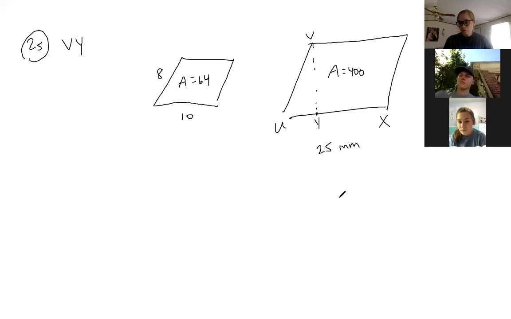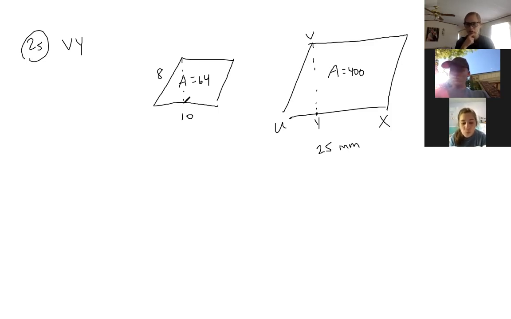This one, number 25, this one you have to think. We're looking for the height, which is VY. That's the height of a parallelogram. Okay, do I know the height of this guy right here? Do I know the height of the first little parallelogram?